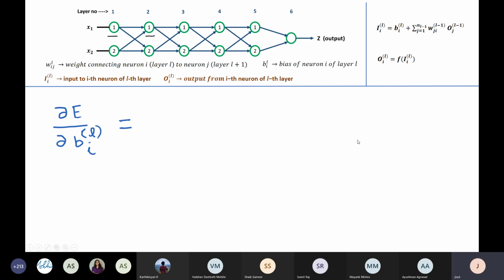Sir, will it be del L plus 1 I? Say again. I just need the complete expression. Del E by del, go ahead. What is that? Del L plus 1 I. This is L, right? And then what?